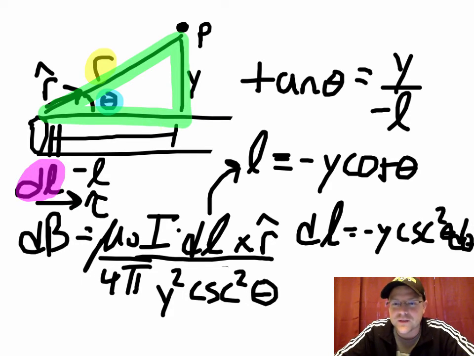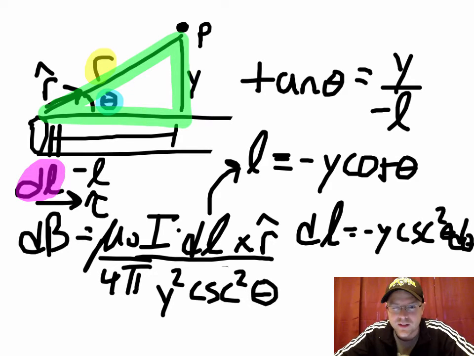So now I can substitute in dl for my entire dl cross r hat. One thing I can also do, since dl cross r hat is a cross product, that means that r hat has a value of 1, and a cross product means that you multiply those two vectors by the sine of the angle between them.